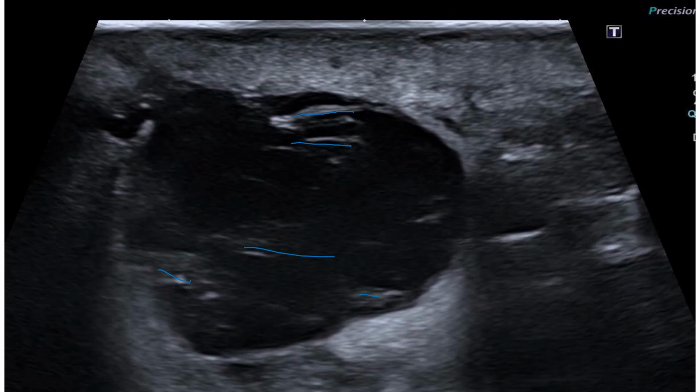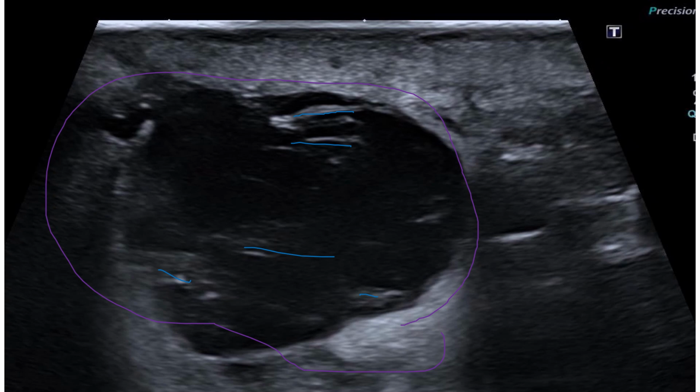Do you know the significance of the fibrin strands? When blood is clotting, it tends to form those strands. So if you see a mass or a lesion with fibrin strands inside, you must always suspect blood that is clotting.